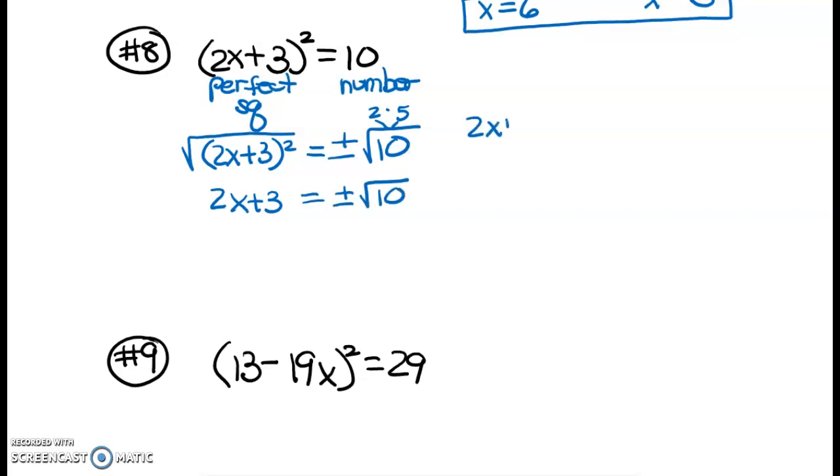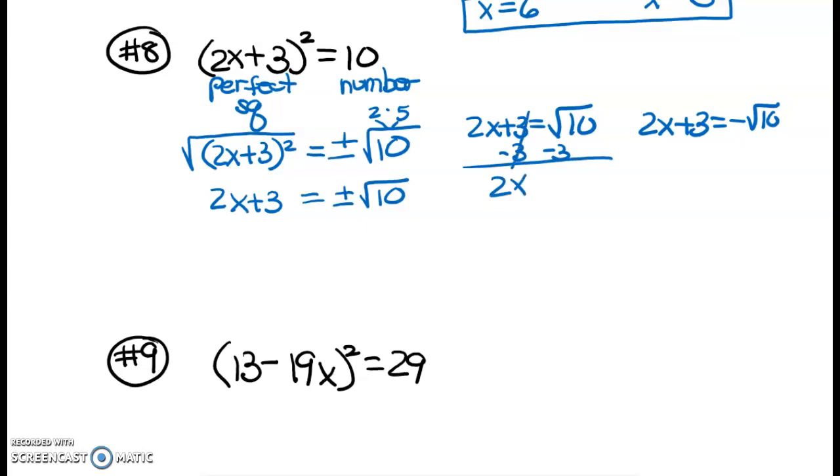I get 2x plus 3 equals positive square root of 10, and 2x plus 3 equals negative square root of 10. I'm going to subtract 3 from both sides, and I get 2x equals a negative 3 and a positive radical 10. I'm going to divide by 2, so I get x equals negative 3 plus radical 10 all over 2.